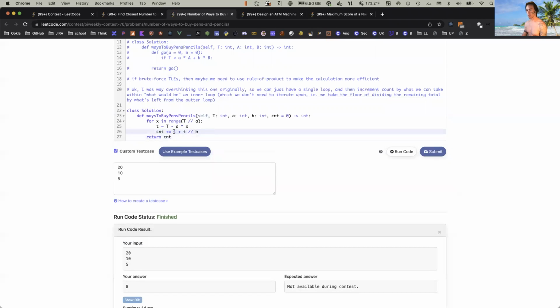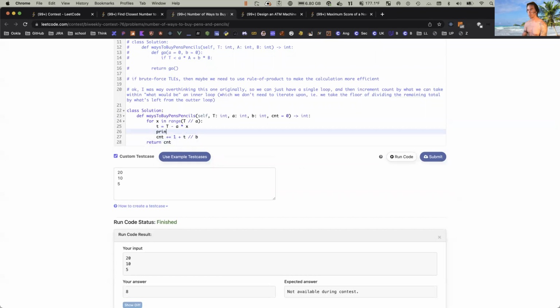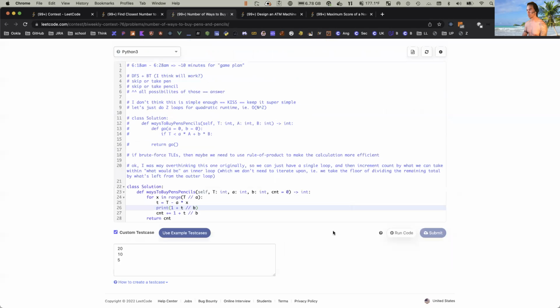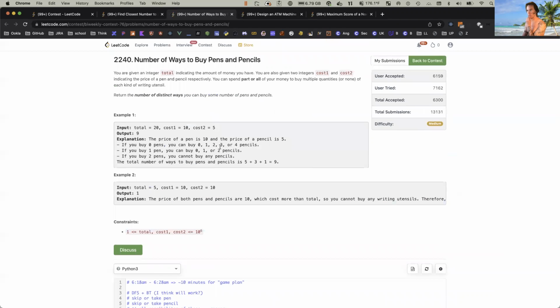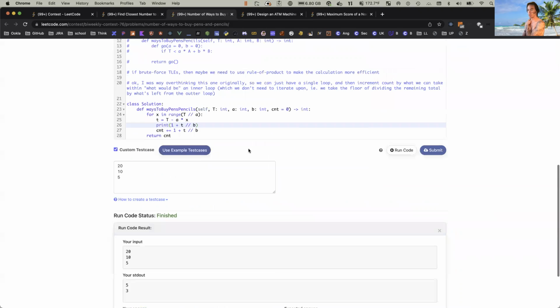Why does this count? Print 5 and then 3. So 5, 1, 2, 3, 4, 5, 3. And then if you buy only these, you cannot buy any pencils. So it should have been 2 pens. We have nothing left. Oh, so if it's 0, that counts as 1.